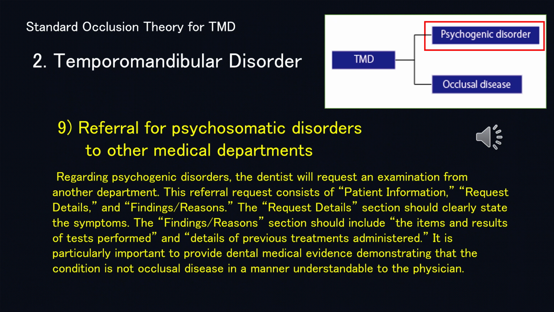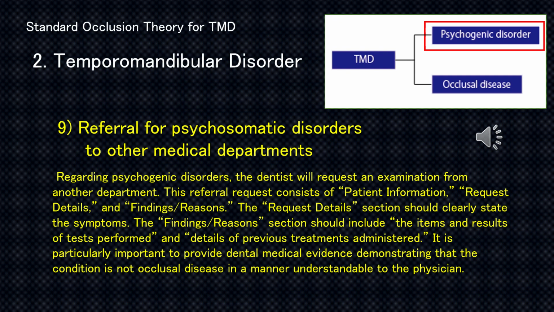9. Referral for psychosomatic disorders to other medical departments. Regarding psychogenic disorders, the dentist will request an examination from another department. This referral request consists of patient information, request details, and findings and reasons. The request details section should clearly state the symptoms.